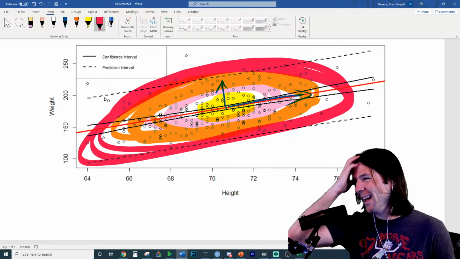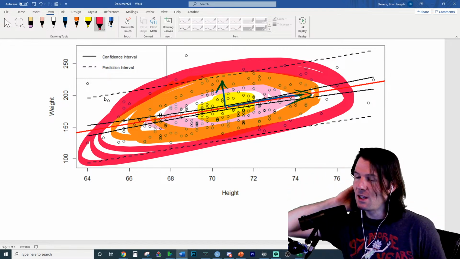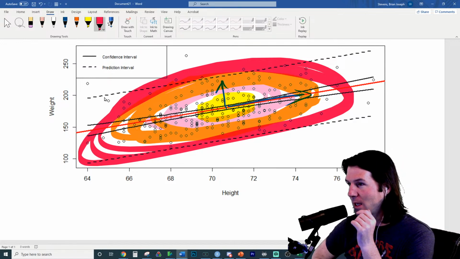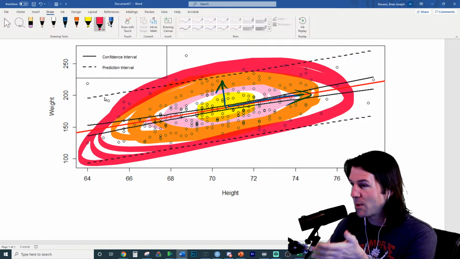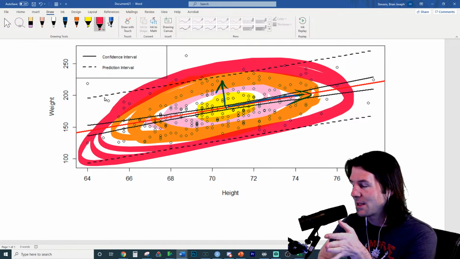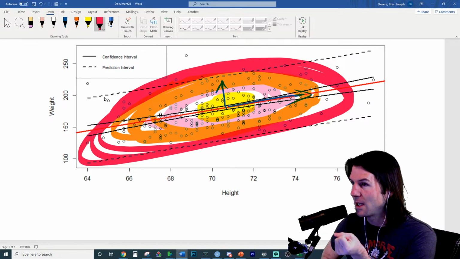In football terms, would it be unusual for a team to get maybe 200 passing yards a game? It might not be unusual for a team to get 200 passing yards, but if they get 200 passing yards and 0 running yards, that might be unusual. We have to think about unusual combinations.